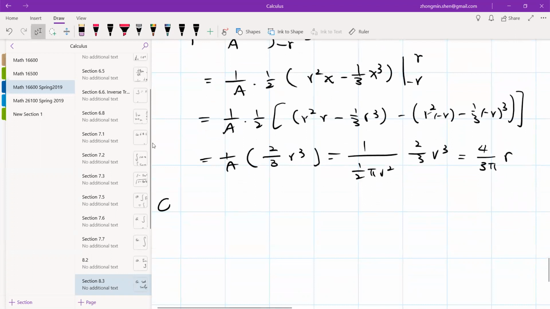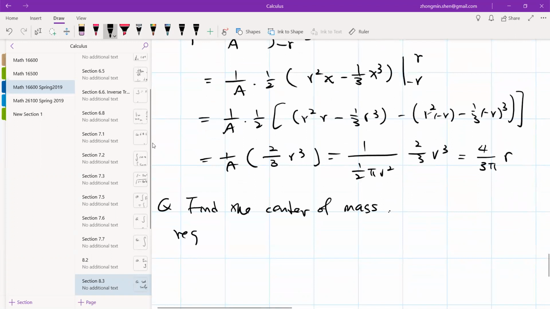Okay. My next problem is I want to find the center of mass of the region.